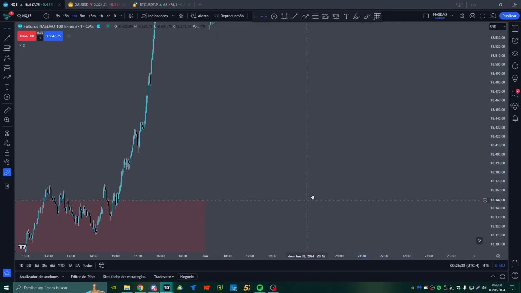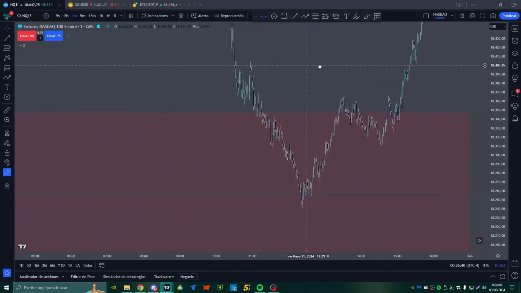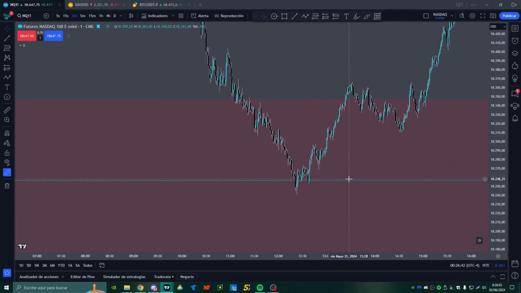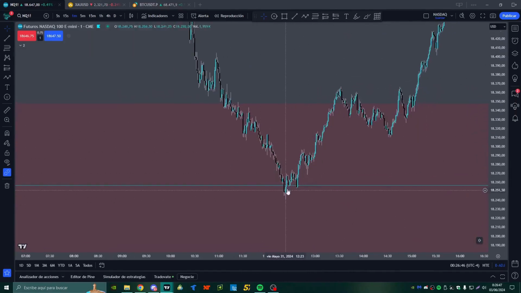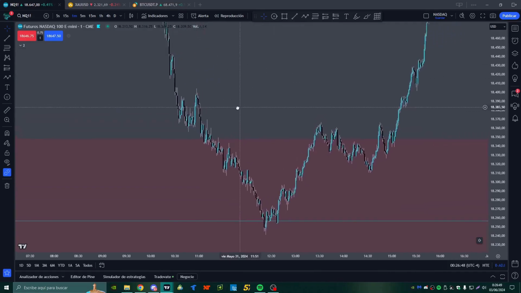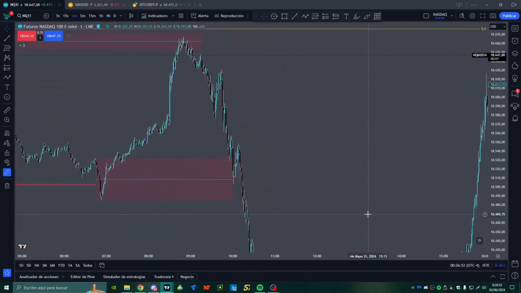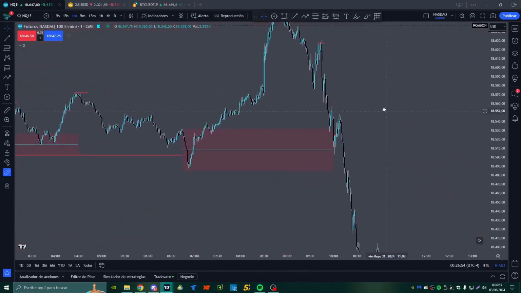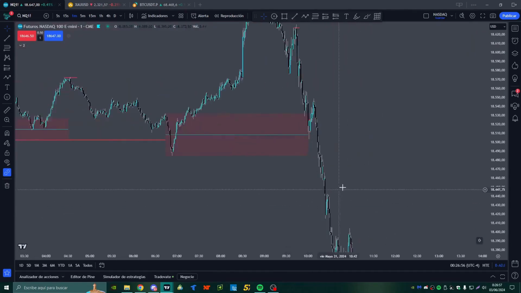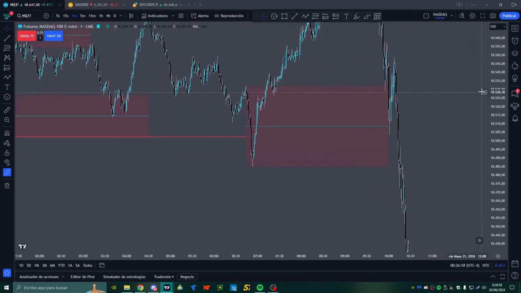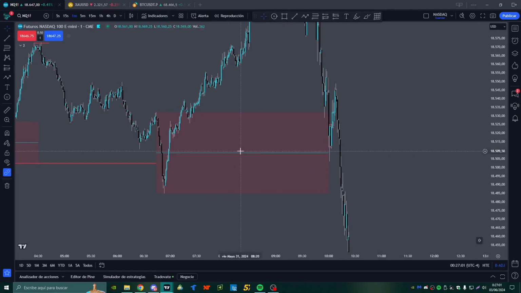It's an advanced way of interpreting supply and demand and market structure, where through a pattern we will take super precise entries and start obtaining reversal signals at certain points. I'm telling you, this is very precise. In fact, the last market day we had, last Friday, is the perfect example of this.